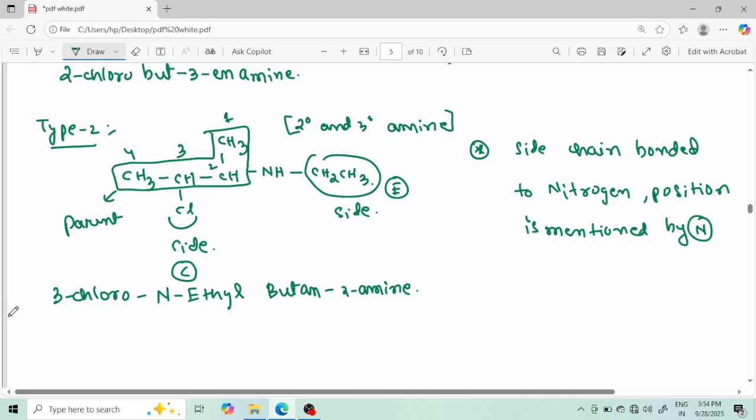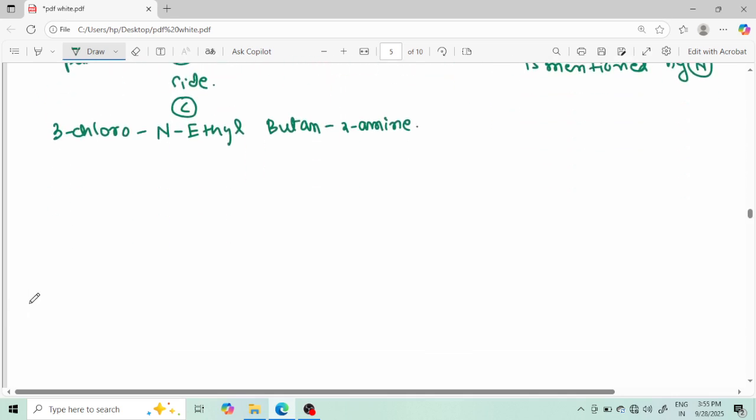Okay, let's try another question. Suppose I'm giving you this one, say CH3 and then CH, one benzene ring is given, then CH2, then N CH3 and CH3.